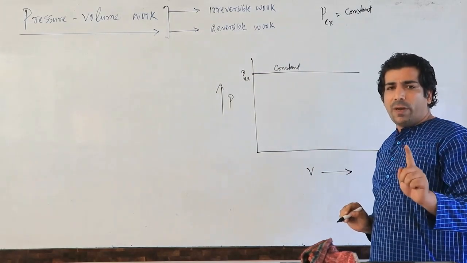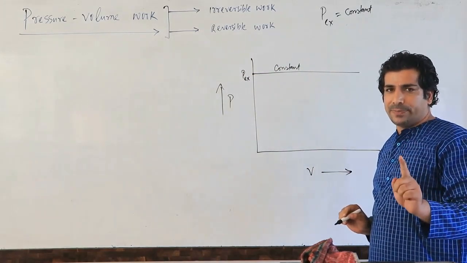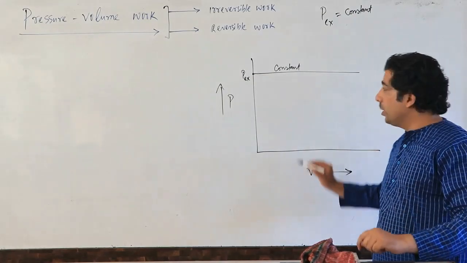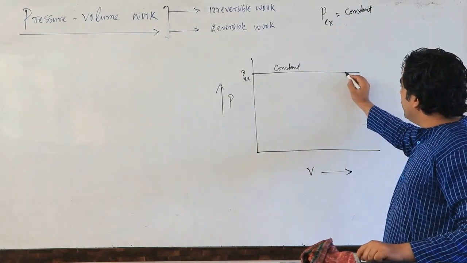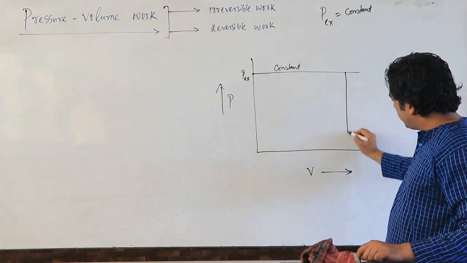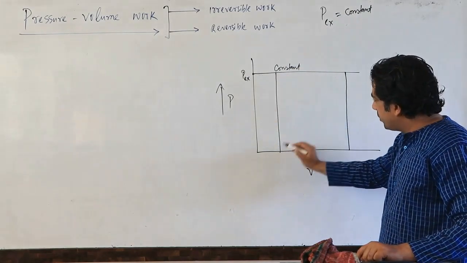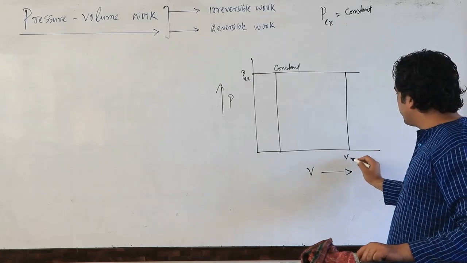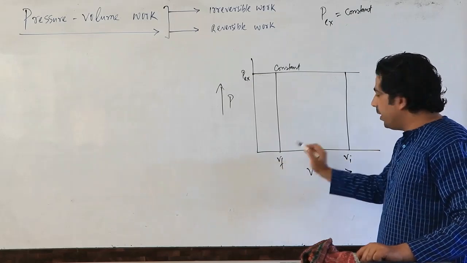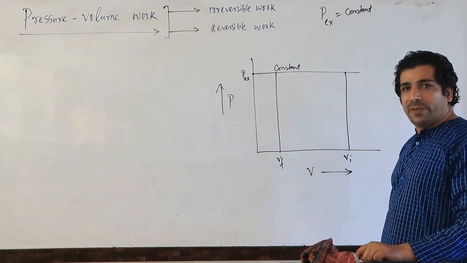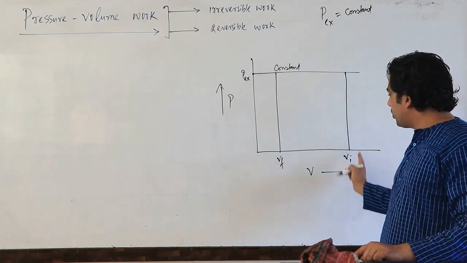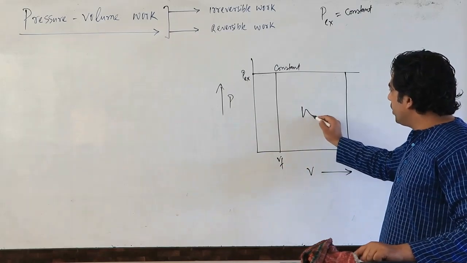But in work of compression, pressure is constant, okay, irreversible work, but the volume is decreasing. Volume is decreasing, my dear friends. So let us suppose volume decreases from Vi to Vf. This decrease in volume, or change in volume, will give me the work.